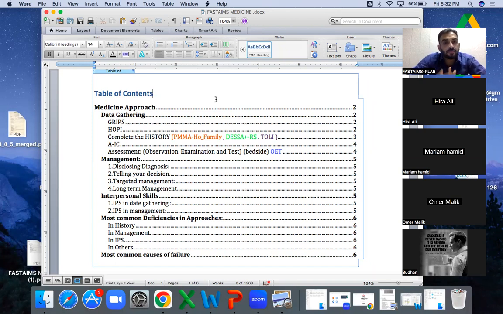So, data gathering first, in the medicine approach. In data gathering, we will study how we start taking the history: grips, HOPI, and complete the history. HOPI is a separate thing and the complete history is a separate thing.